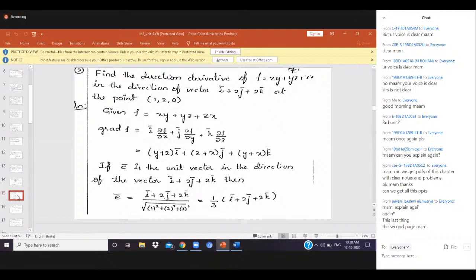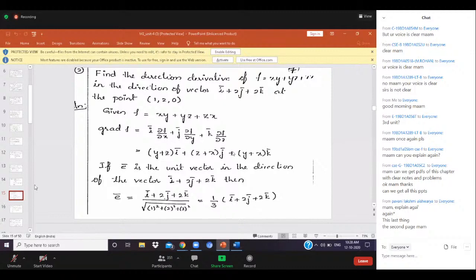Directional derivative is applied for a scalar point function. Here one is a vector, one is a scalar. Don't confuse: the vector is for finding the unit vector, and for the scalar we need to calculate grad phi.